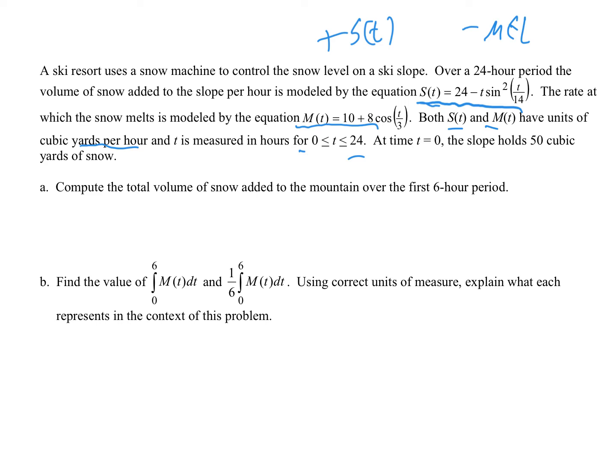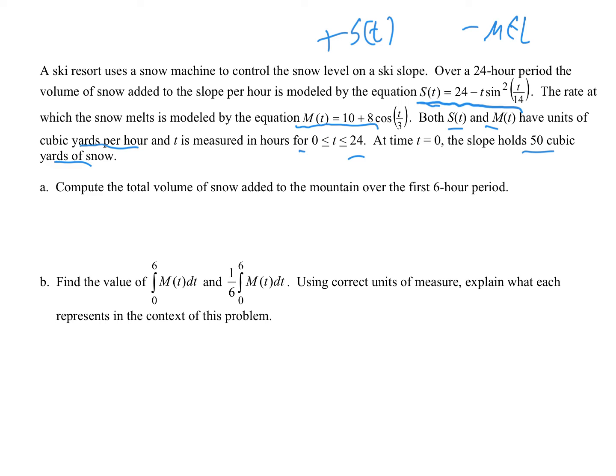We know that at time t is 0, when we started the clock, they already knew there was 50 cubic yards of snow. So we're starting out with 50. Then the clock goes and snow is coming and snow is being removed. How are they doing it?